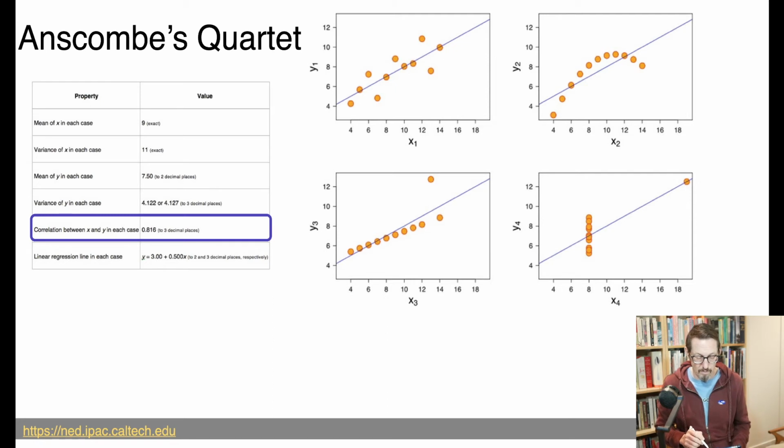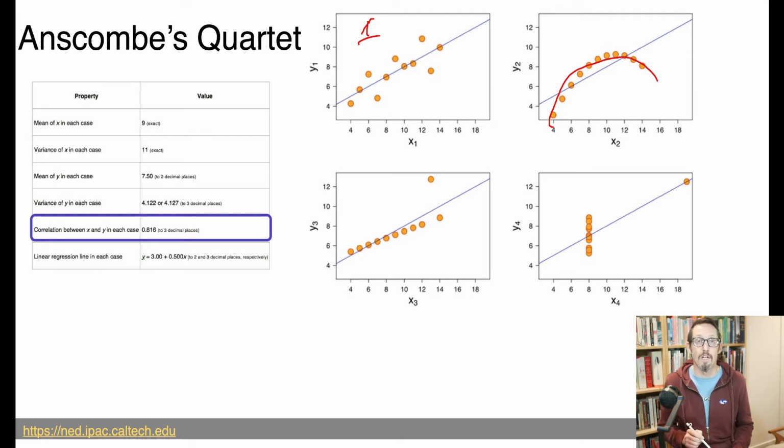Now, why is it that we can do this, right? Only the first data set is what we would call a proper data set for doing linear regression on. Okay? It meets the right kinds of criteria for a linear regression. This is not a line, that's a curve, right?